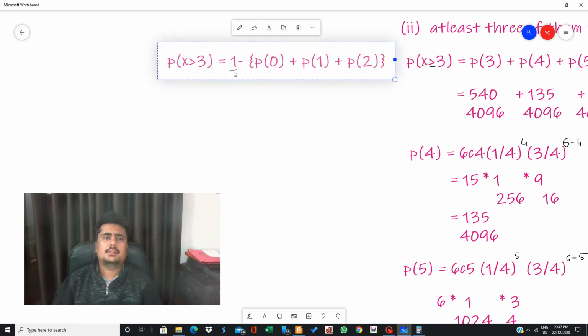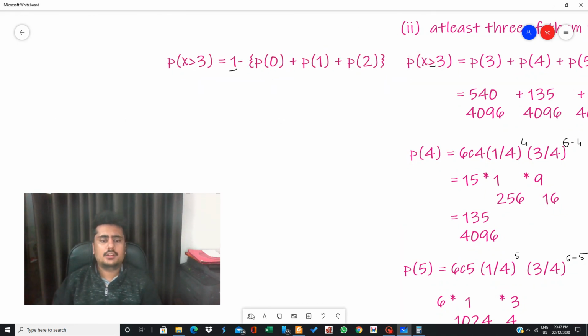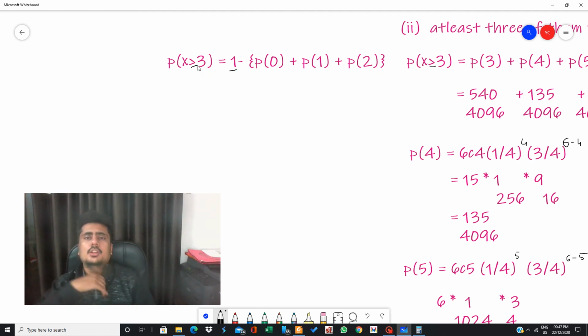Why is this easy? Because we already have P of 0, 1, 2 with us. So from the total we'll subtract 0, 1, 2. So the remaining 3, 4, 5, 6 will be in the box, and that is the question. So this is also an easy method. If you don't want to calculate 4, 5, 6 again, then you have 0, 1, 2, just subtract the total of 0, 1, 2 from 1, and you will get x more than or equal to 3. So this is the logic I want to teach you.